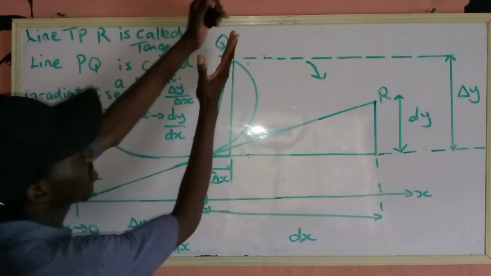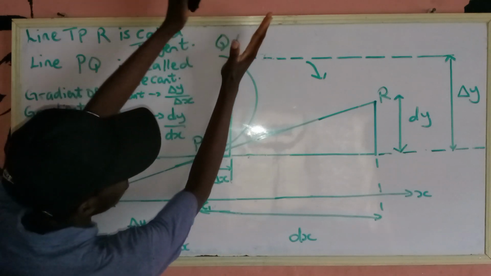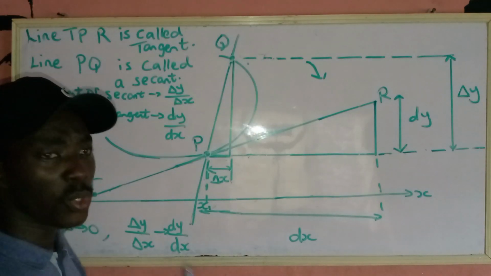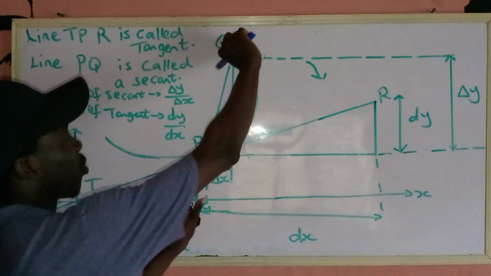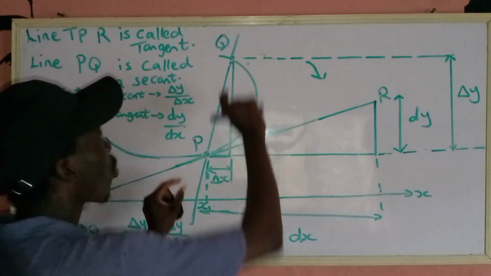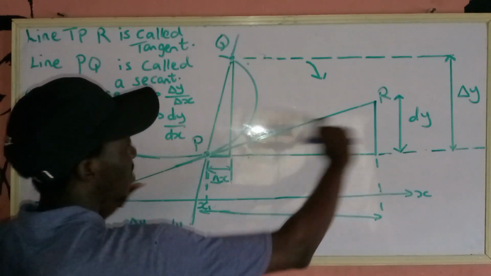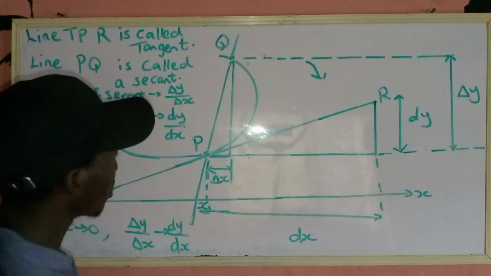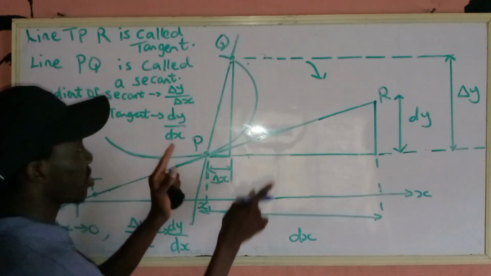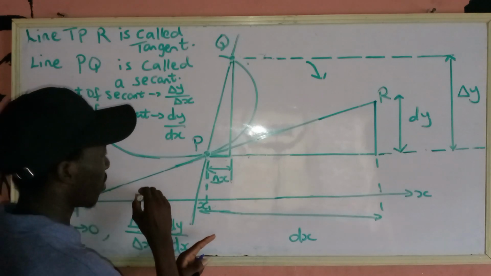Imagine I turn this line and it goes like this, and it goes like this. What happens? You observe that when you turn this line, there will be a point where this line becomes exactly this line. You can try it. This line here, as it is here, if you keep turning it, it will reach somewhere here.